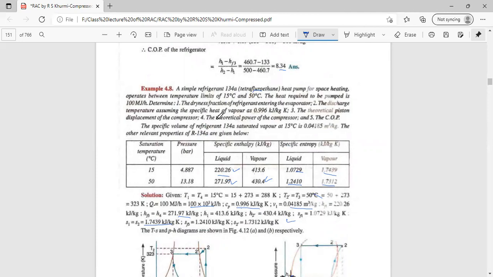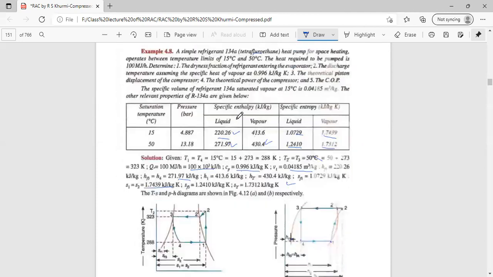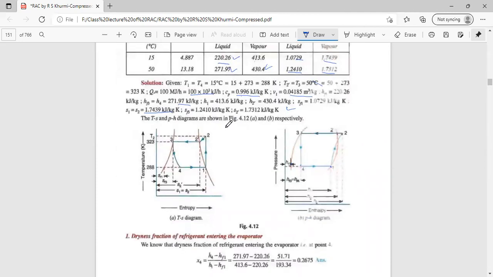the discharge temperature, assuming the specific heat of vapor at 0.996. Discharge temperature means we have to find out the temperature at the point T2, which is not given to us.